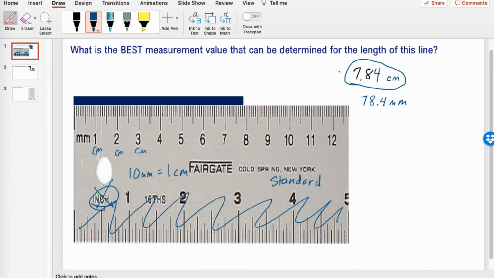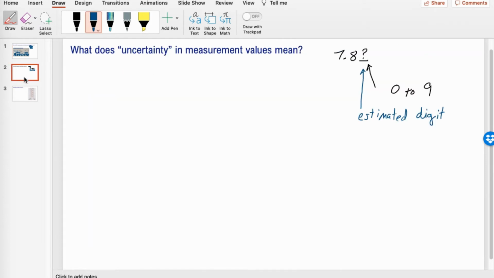Okay, 7.84 centimeters. So our uncertain digit, our estimated digit that we're uncertain of, is right here, and I want you to take note that this is the 100th place. There's the 10th, there's the 100th place, and that's going to be very important for the next thing that we're going to be talking about, right? So uncertainty. Now, when you're uncertain mathematically, let's go back to what we had here.